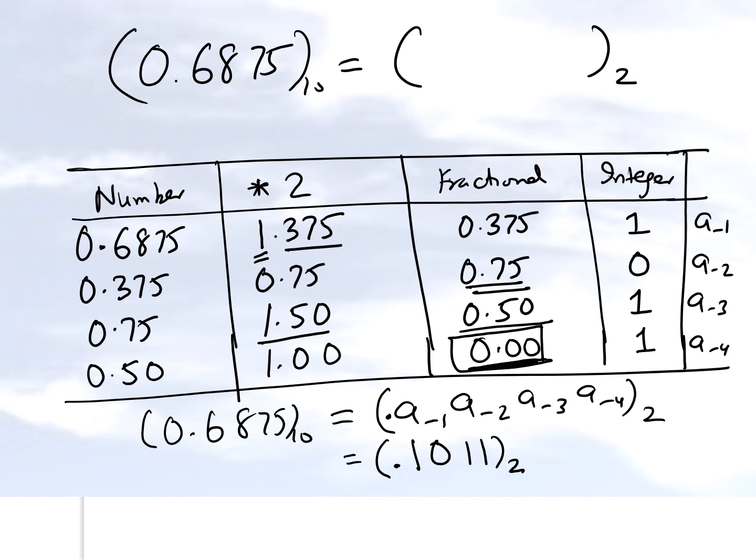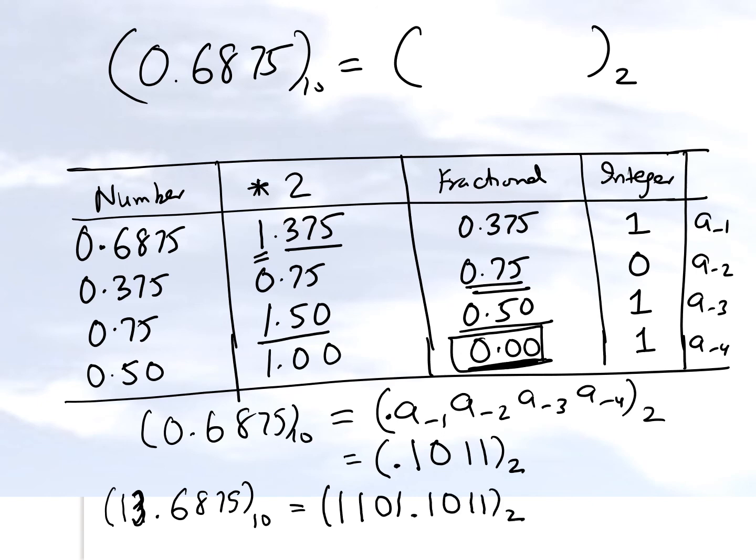The original number was 13.6875 base 10. What is it equivalent to? We already know that 13 is 1101 from the previous slide, and in this slide we have 1011 base 2 for the fractional part. That's how you write the fixed point representation of this decimal number in base 2.